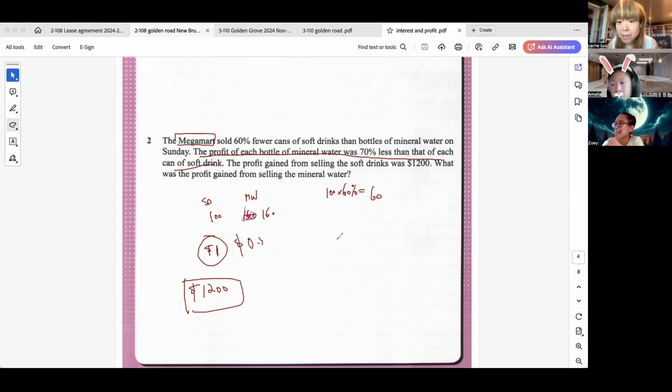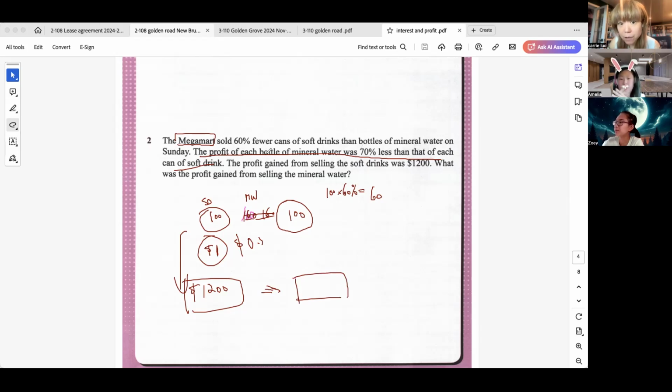If we're selling the same quantity of soft drinks and mineral water, say 100 bottles of soft drinks and 100 bottles of mineral water, by selling 100 soft drinks you're making $1,200. So for the same quantity of mineral water, how much profit can we make?